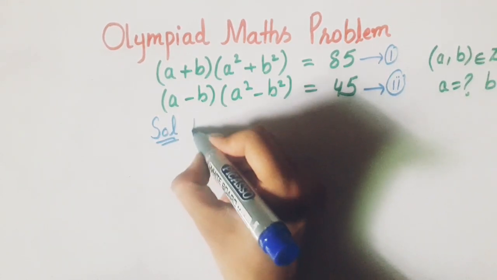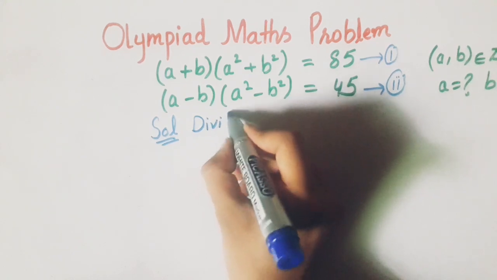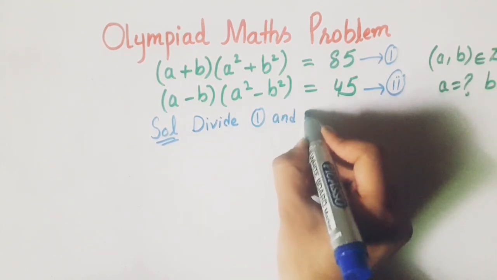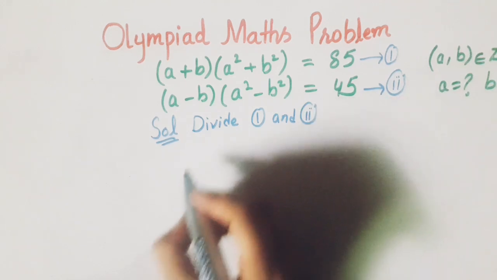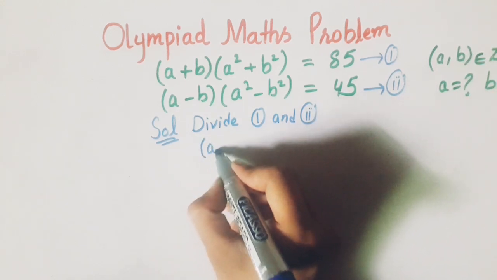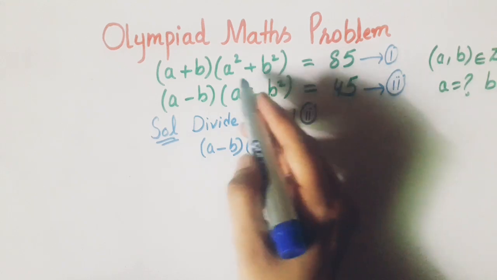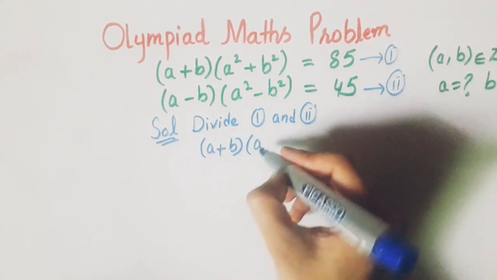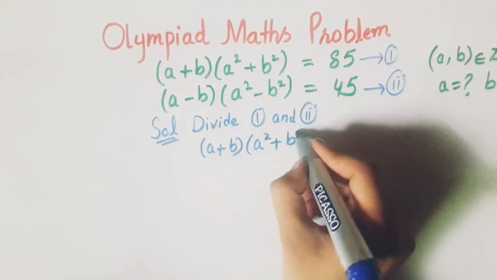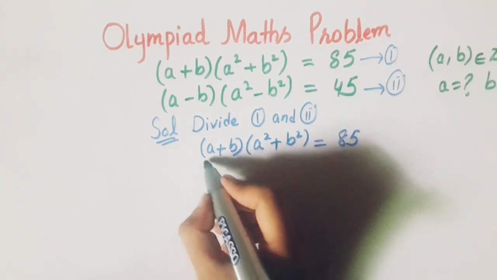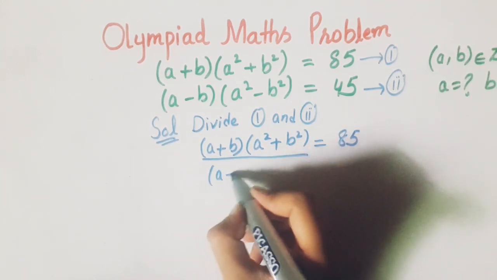So divide 1 by 2. When we divide, we can see that in the denominator a minus b into a square minus b square, first we write 1, (a square plus b square) into (a plus b) equals 85, divided by (a minus b) into a square minus b square.